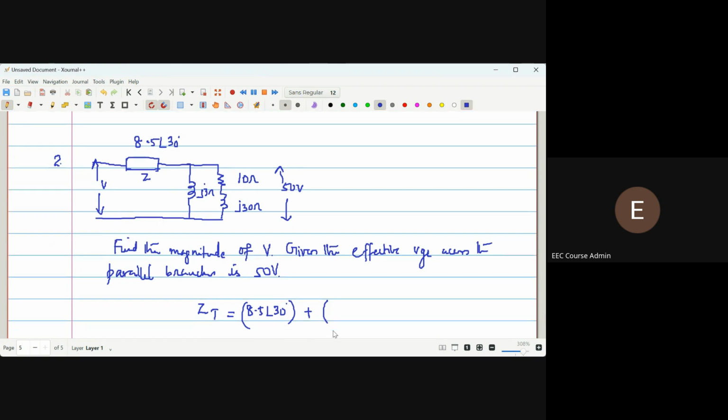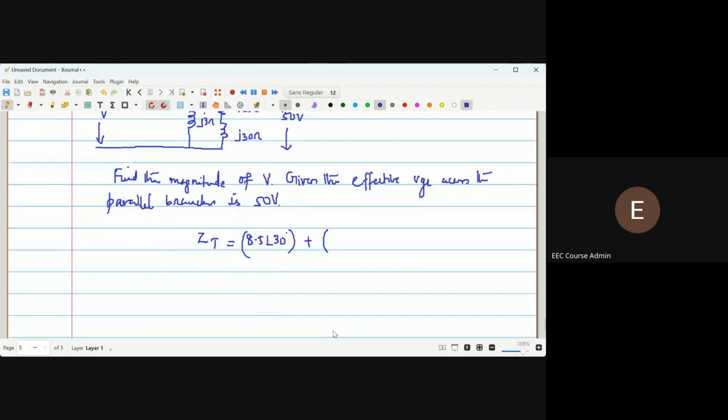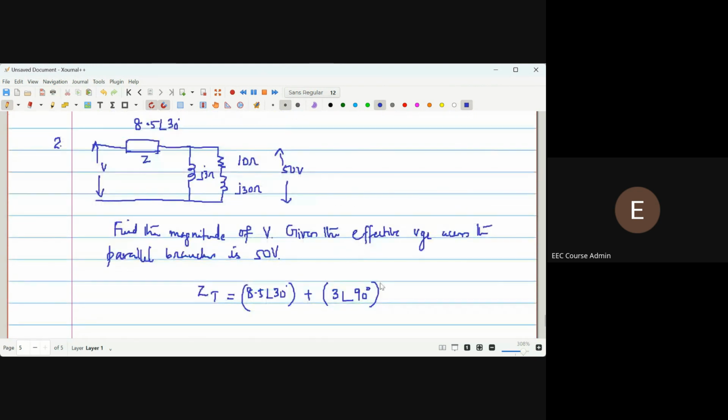So how can I represent this one? J3 in polar is 3 angle 90. J represents a phase of plus 90, and the magnitude is 3. So 3 angle 90, that is in parallel to this 10 plus J3.